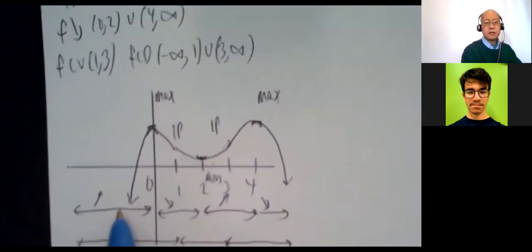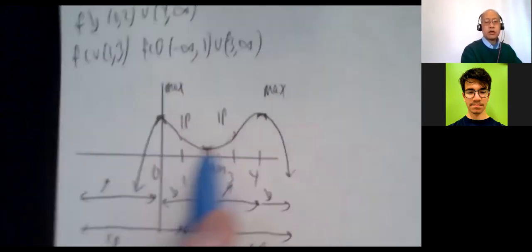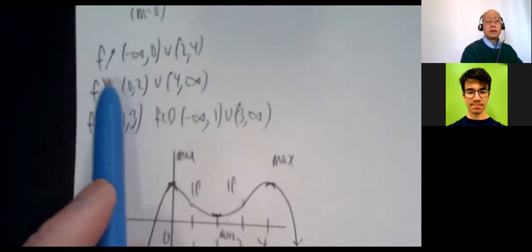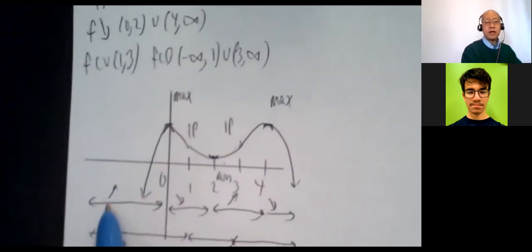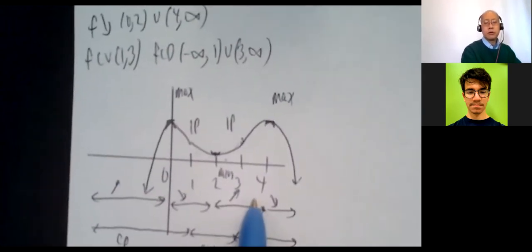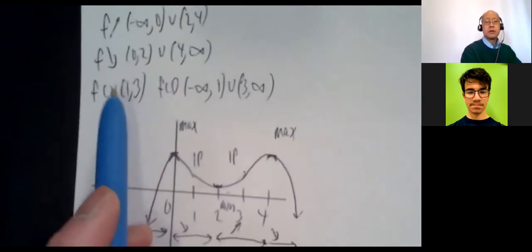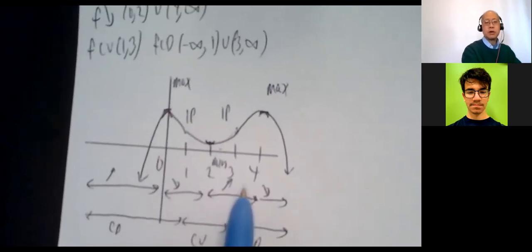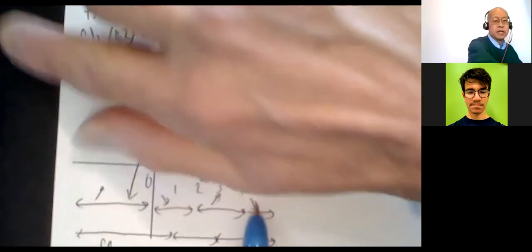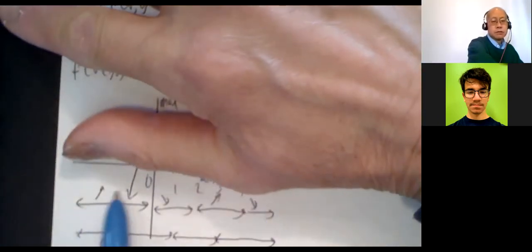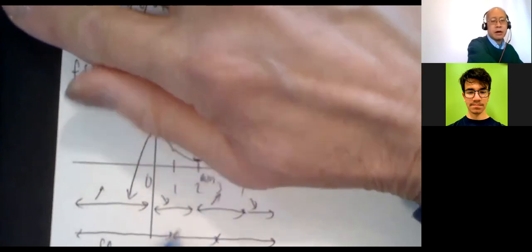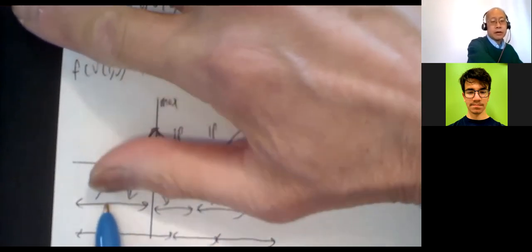So I did something like this. Ignore the graph for a moment. Increasing from negative infinity to 0, also from 2 to 4. Decreasing from 0 to 2 and 4 to infinity. Okay, pretend you don't see the graph. So it goes up, down, up, down. Take a look right here.